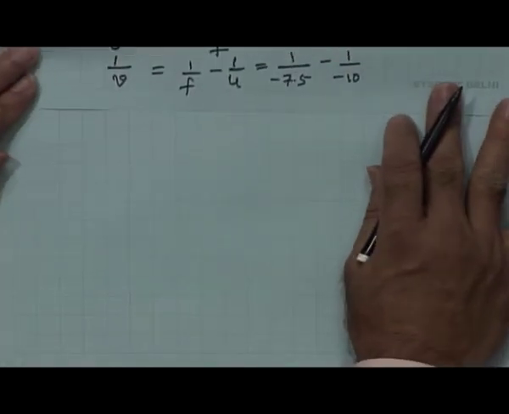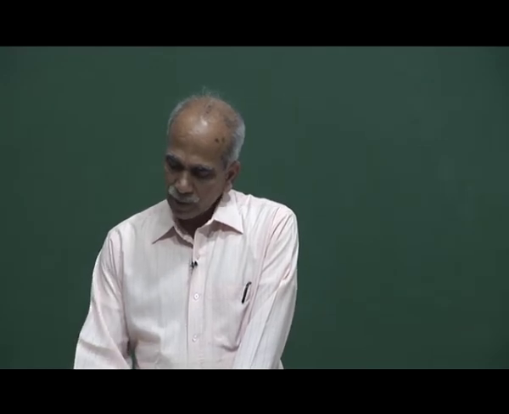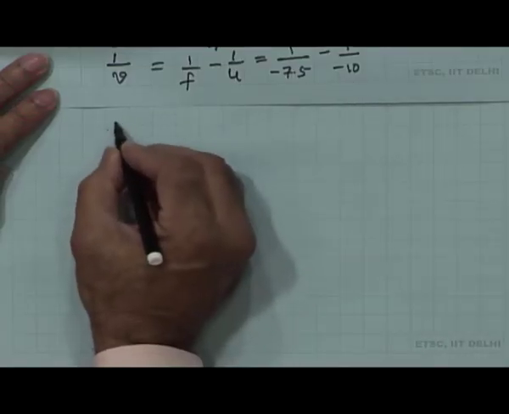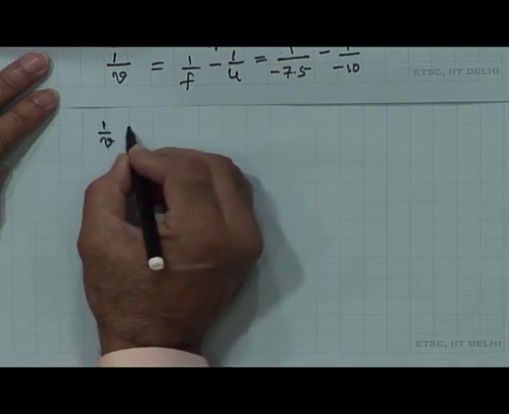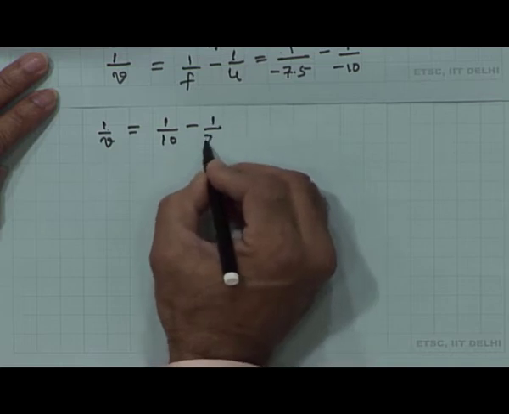1 over u. So, that is equal to, let me work it out here very quickly. So, this is positive, and therefore we have 1 over v is equal to 1 over 10 minus 1 over 7.5.